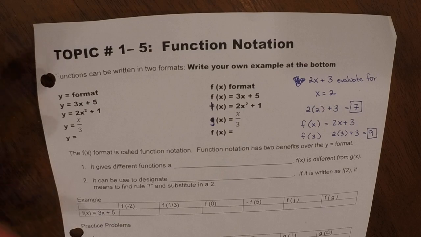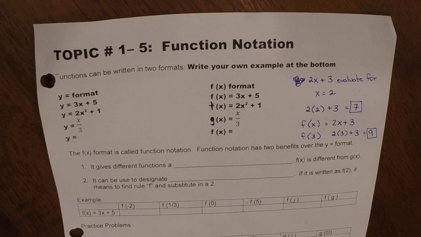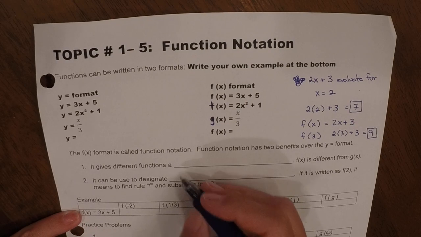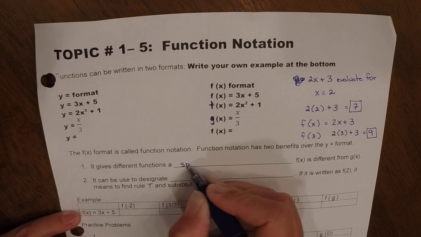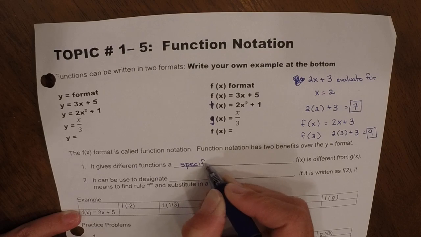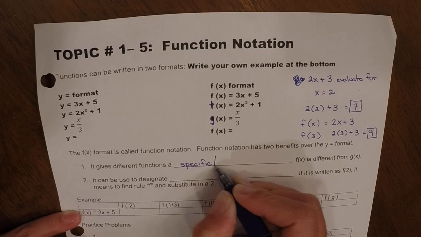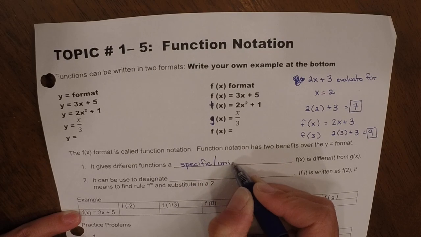So the f of x format is called function notation. It gives functions a way to be recognized. So that's one of the benefits. It gives different functions a specific, maybe unique name.